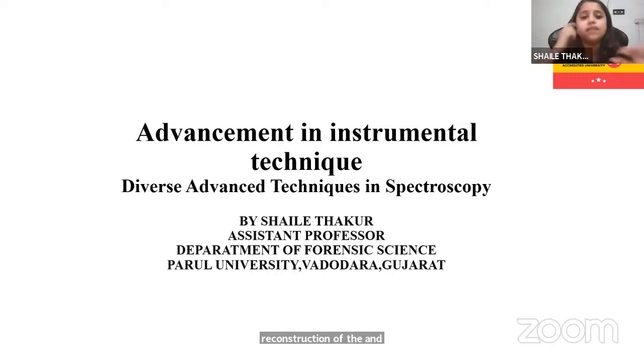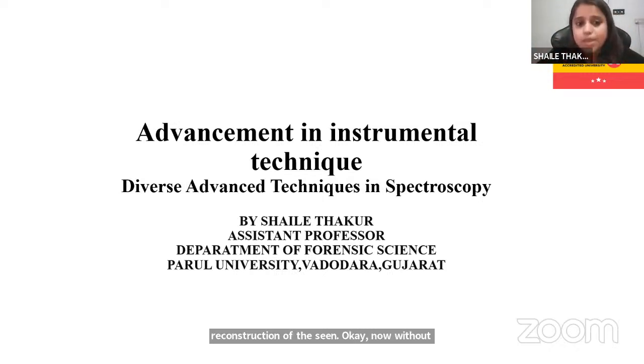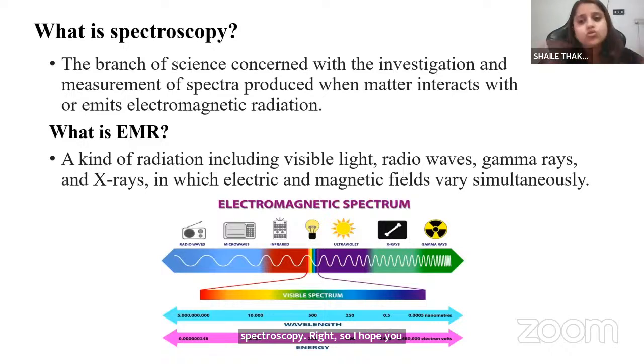Okay, now without wasting time, I would like to move towards the topic. My topic is diverse advanced techniques in spectroscopy. I hope you all know what spectroscopy is. Spectroscopy is one of the most important branches of science, used to study the interaction of matter with light.